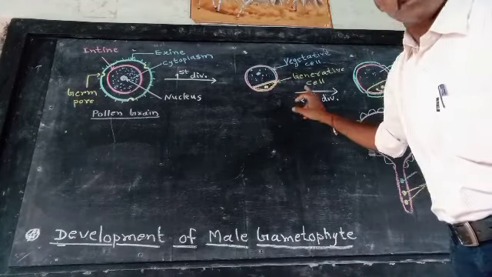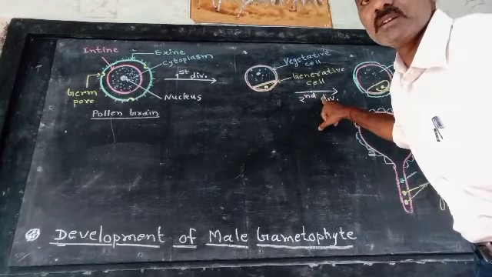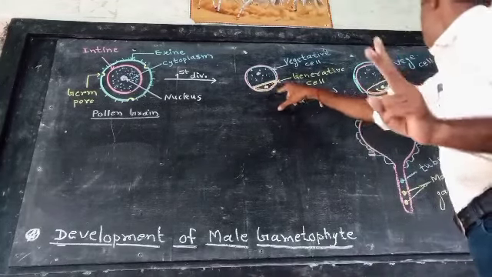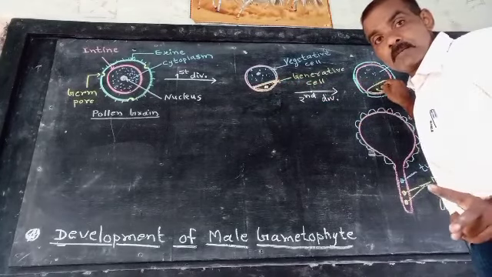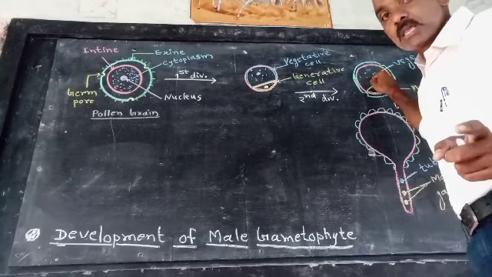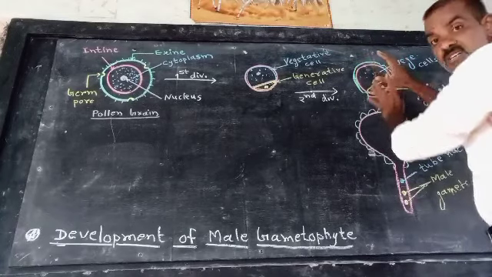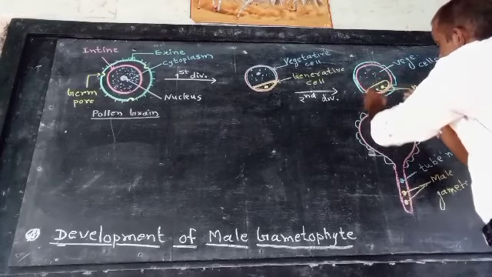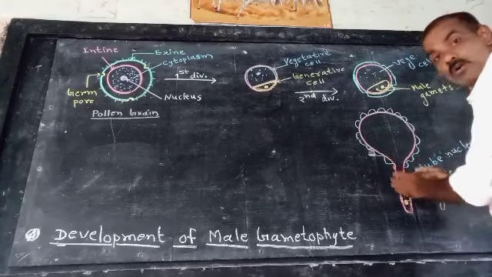During the second mitotic division, the generative cell forms two male gametes. Those two male gametes and one vegetative cell containing the tube nucleus exert pressure within, and the intine comes out through the germ pore, forming the pollen tube.